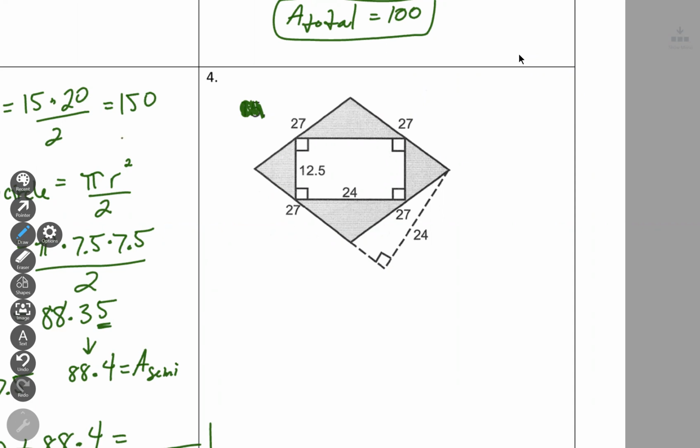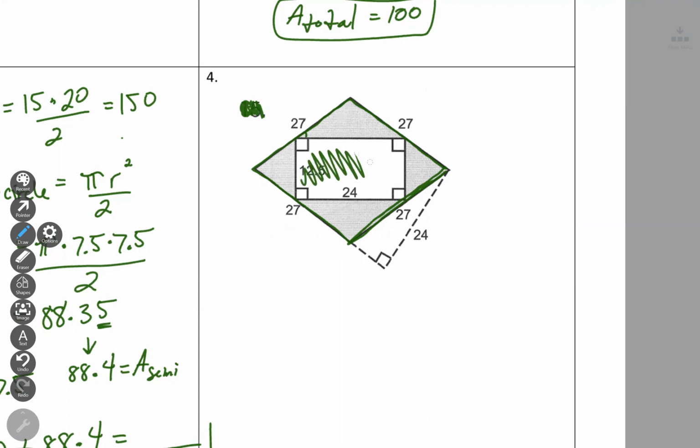So whenever you're doing shaded area, there's going to be like a big overall shape, and then there's going to be a piece that you have to subtract out. Okay, the big overall shape for this picture is this parallelogram.